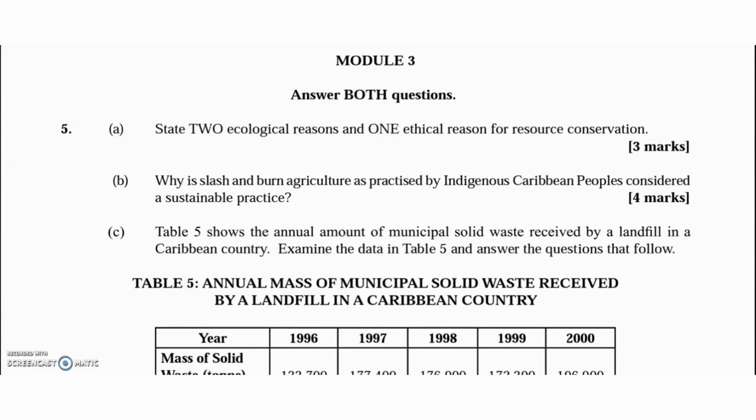Now, one ethical reason for resource conservation is that conservation of resources will be associated with provisions for our future generation. Because in the absence of those resources, if we waste it today, they will suffer in the future. So we need to be more considerate. All right, let's go through quickly.